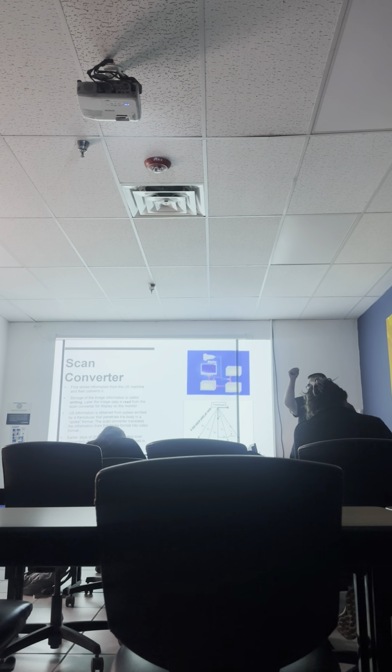So the spokes travel outward the same way it travels like a transducer. So the transducer sends out the information in spokes. And what are these spokes called? We went through it already. Scan lines.